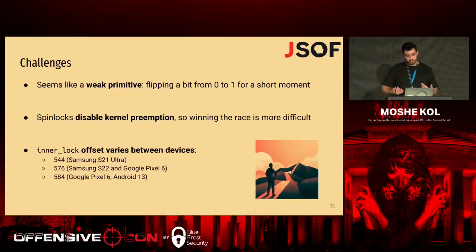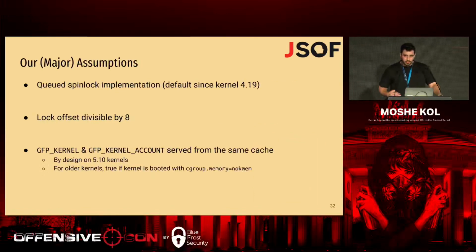So we recorded multiple values of this offset, and we want the exploit to be working on all of these devices. So what we assume to achieve that is, first, we assume a queued spinlock implementation, which is the default on ARM64 since kernel 4.19.